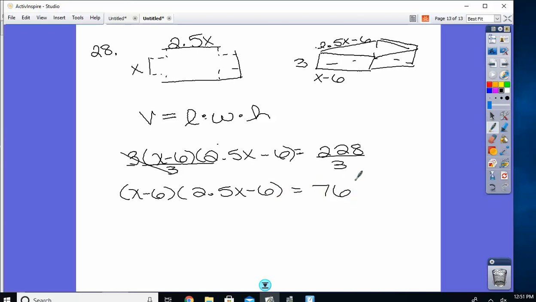Then what do we have to do? FOIL over here. So this would be 2.5x squared minus 6x minus 15.